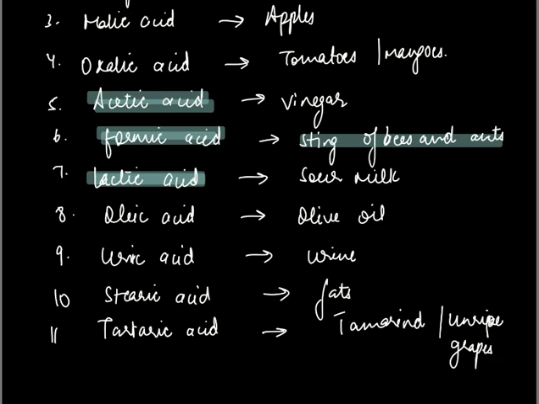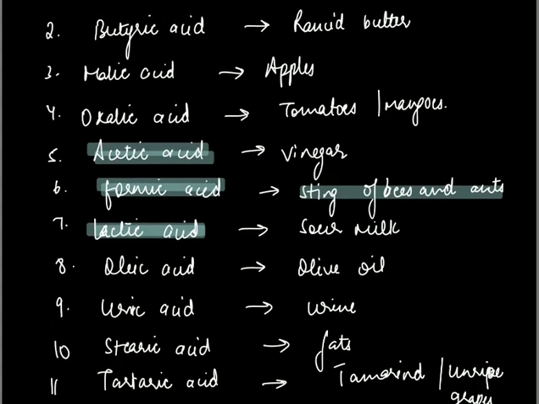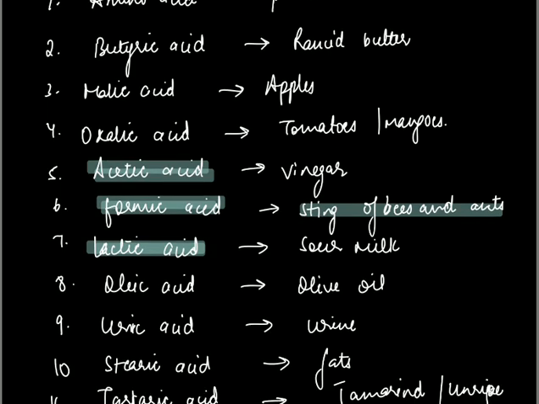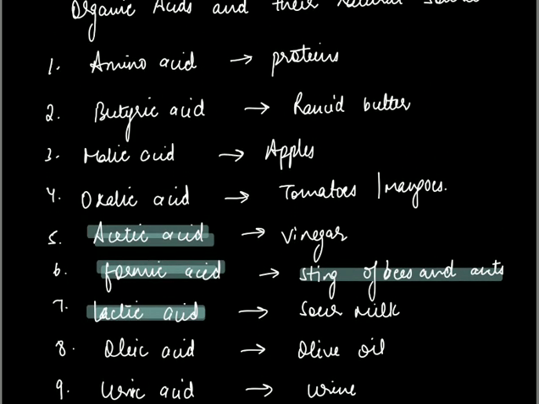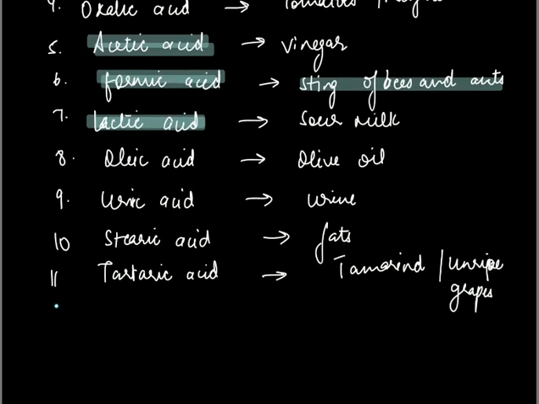Then citric acid, we didn't mention citric acid. Obviously it is found in citrus fruits, and citric acid is something important.